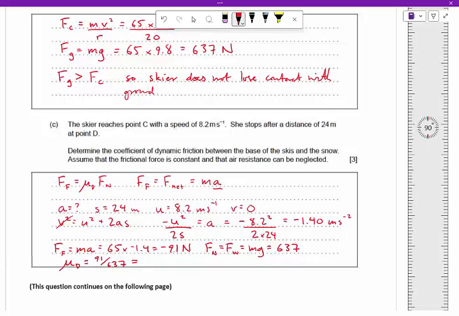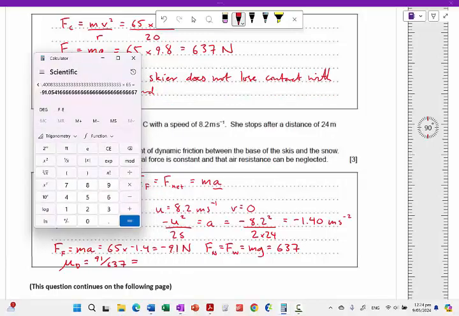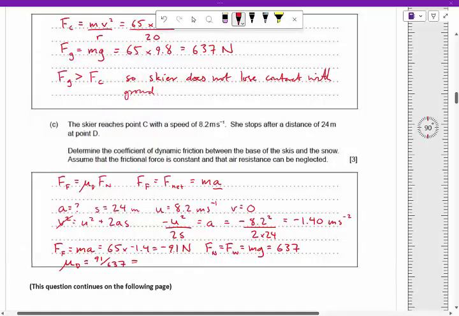Well, negative 91 over 637, but the friction force is always in the opposite direction to the motion, so we'll just say 91 for here. So 91 over 637 gives us 0.14, and the coefficient of dynamic friction is unitless.